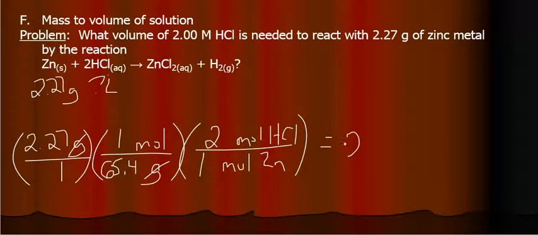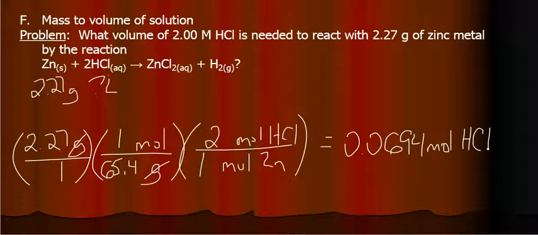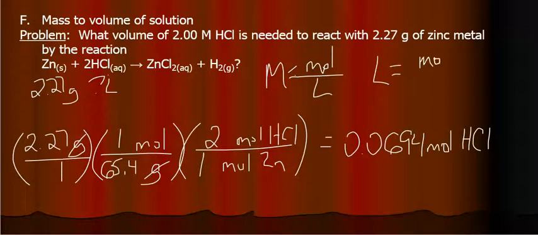So that means I need 0.0694 moles of HCl. And I know the concentration is 2 molar. So if I take this equation here, molarity equals moles per liter, if I want to solve for liters, it would simply be moles divided by molarity.